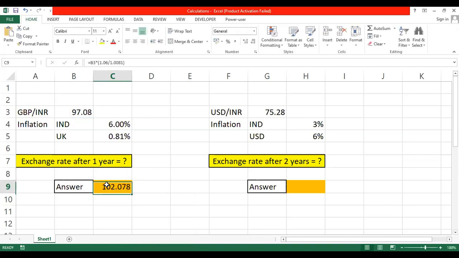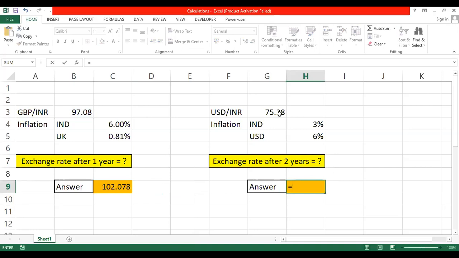So after 1 year from this point of time, in the future, we would have the GBP/INR rate as 102.078, meaning for every £1 sterling that we buy, we have to pay 102.078 Indian rupees.